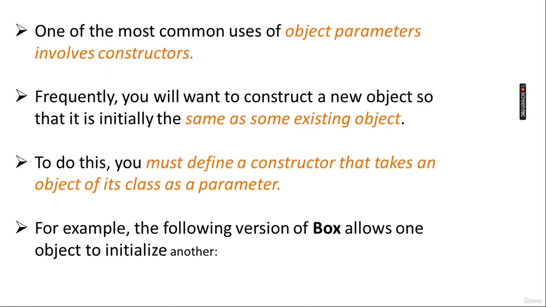One of the most common uses of object parameters involves constructors. You will want to construct a new object that will be same as an existing object. For that, you must define a constructor that takes an object of its class as a parameter.